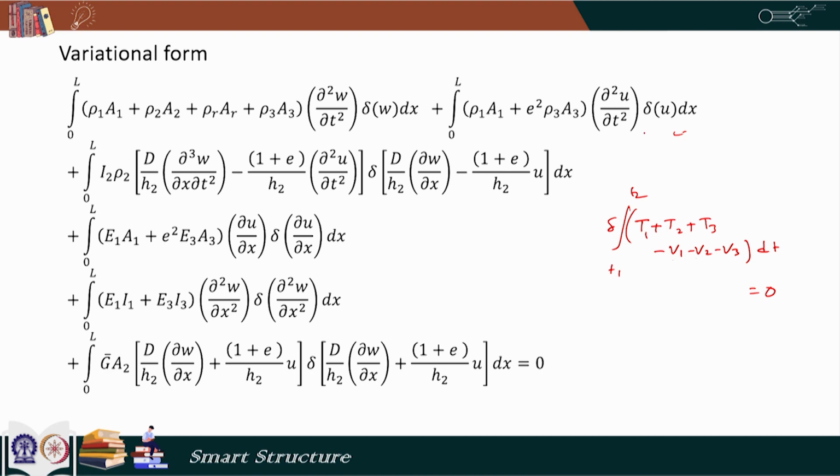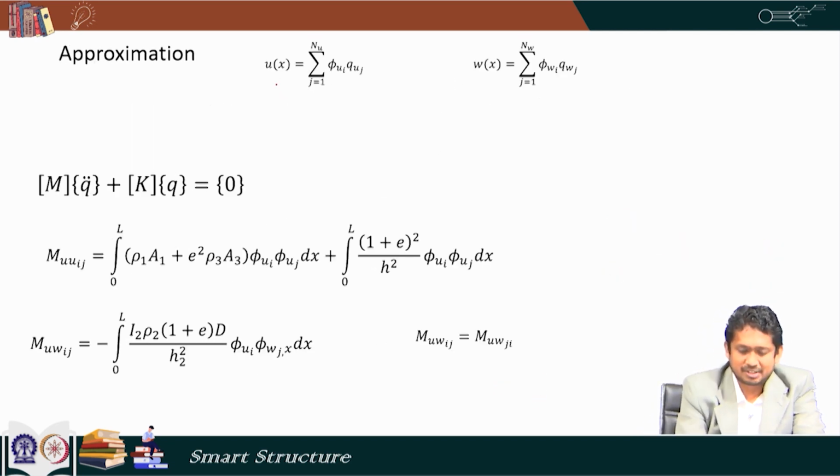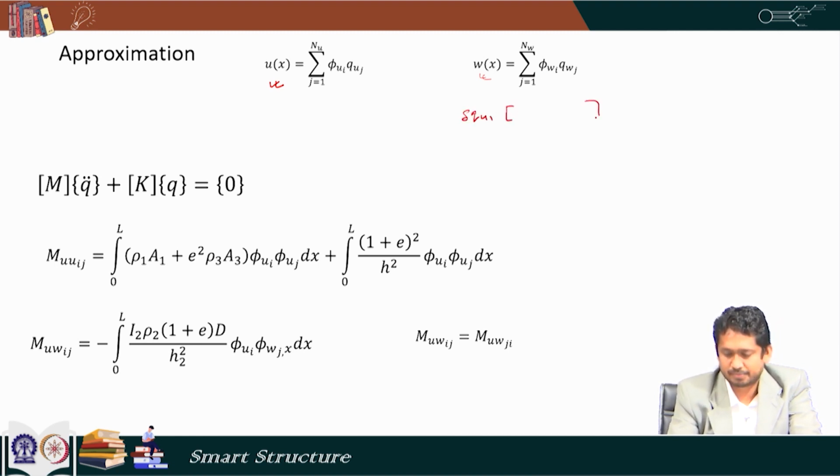Now, after that the variational form that we get is this, and then we put some approximation. U is approximated using a set of basis functions phi u, and W is approximated using a set of basis functions phi w, and then if we put it there, we get equations of this form, plus variation of Q u n u, variation of Q w 1.